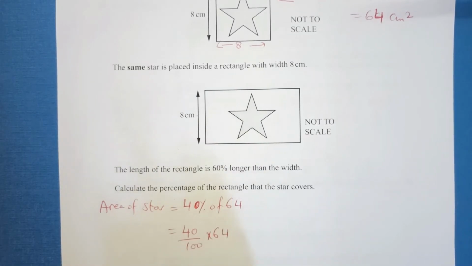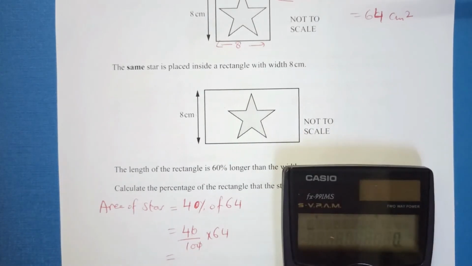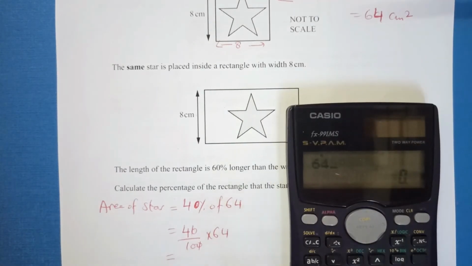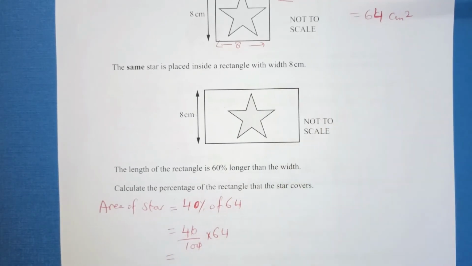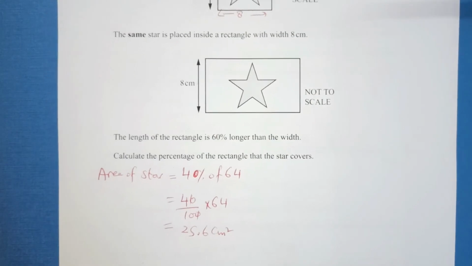This comes out to be 64 times 4 divided by 10, which is 25.6 centimeters squared. So this is the area of the star.